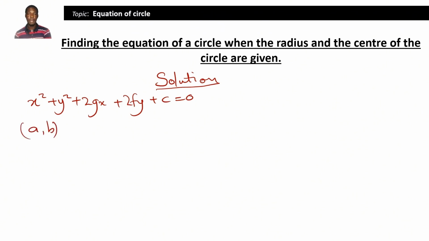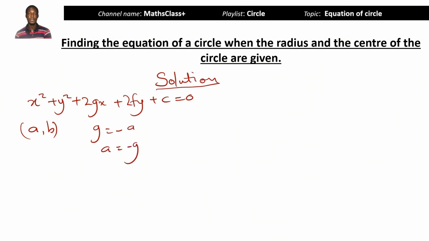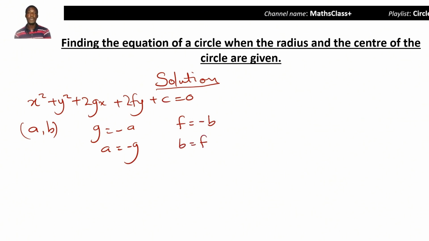And we also remember that g is equal to negative a. That means that a is equal to negative g. And then f is also equal to negative b, which also means that b is equal to negative f. So when we are given the center, we will be able to convert them into g and f.